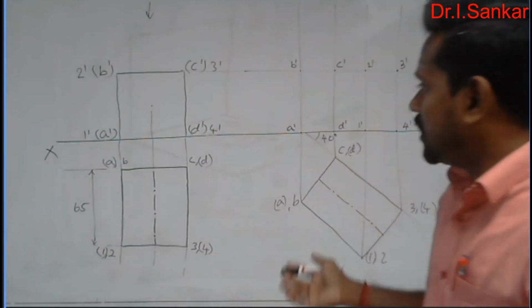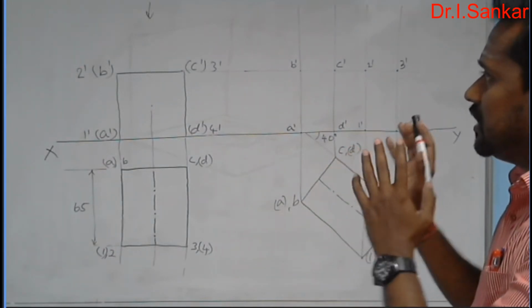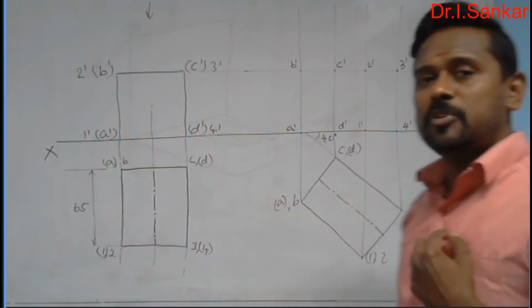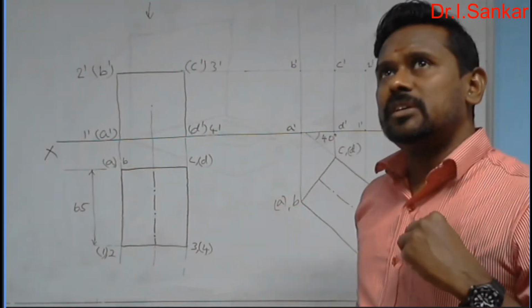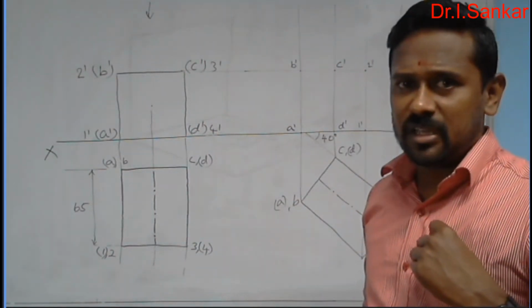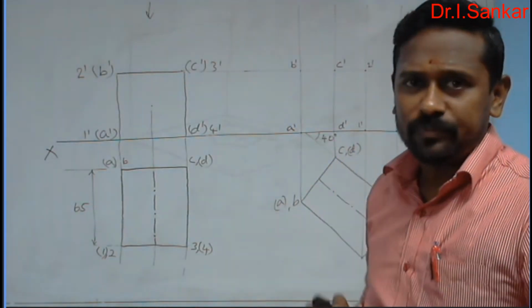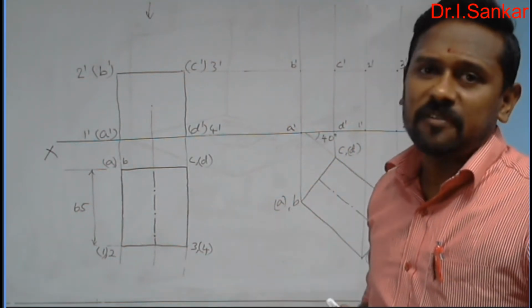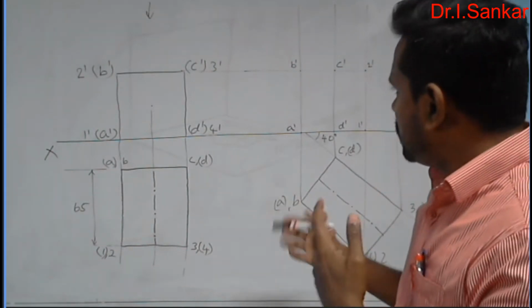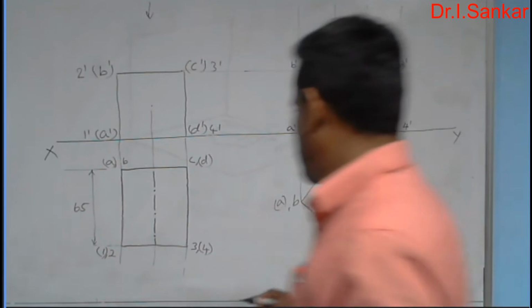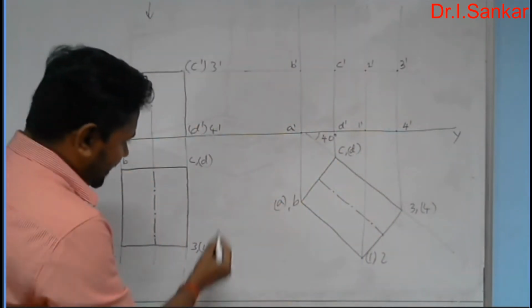Before that, it is better for us to have the list of the edges available in this solid. In this square prism, totally 12 edges are there. Base edges 4, face edges 4, side edges 4. So totally 12 edges are there. The board is very small here.